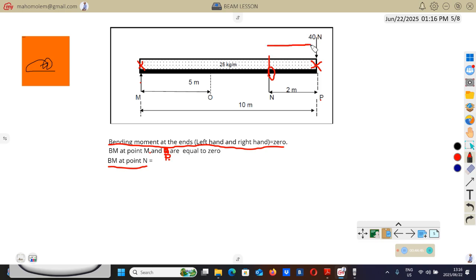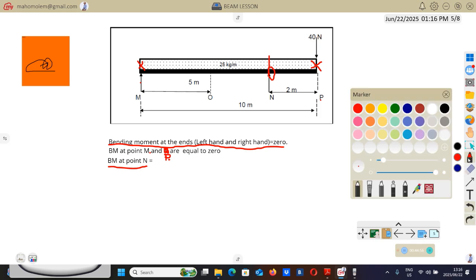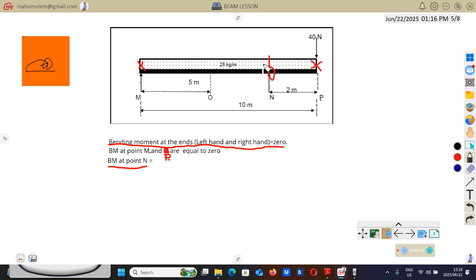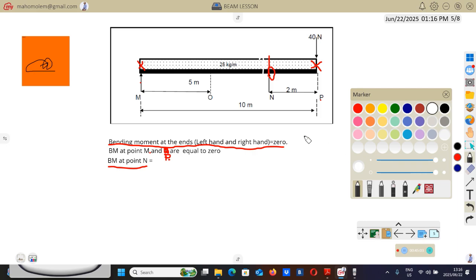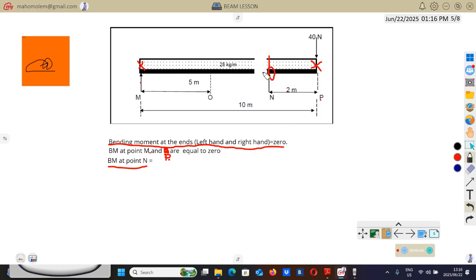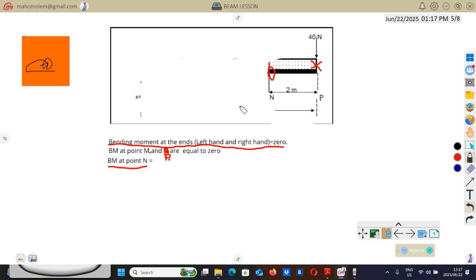So if you only consider the forces on this side of point N, maybe you will be assuming that this thing is like this. So you only consider the right-hand side.